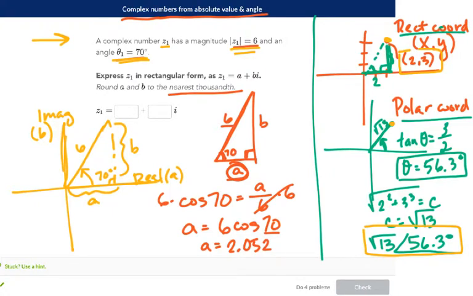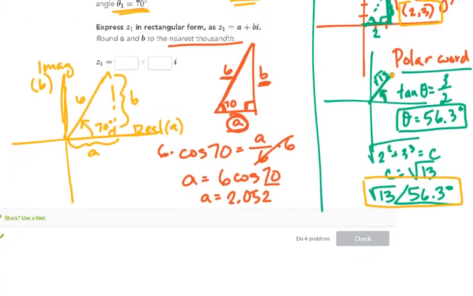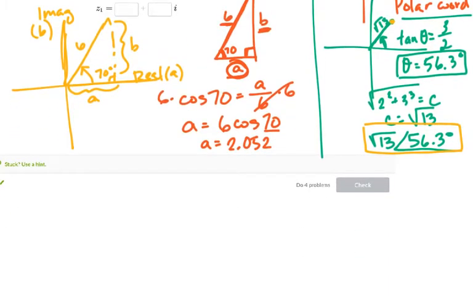So now I need to still solve for B. And because B is the opposite side of my reference angle, and I know the hypotenuse, I can solve for B using sine. So I'm going to say the sine of 70-degree angle is my opposite side B over my hypotenuse, which is 6. I'm going to multiply by 6 on both sides.